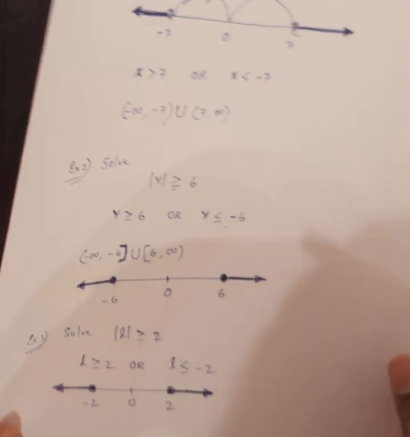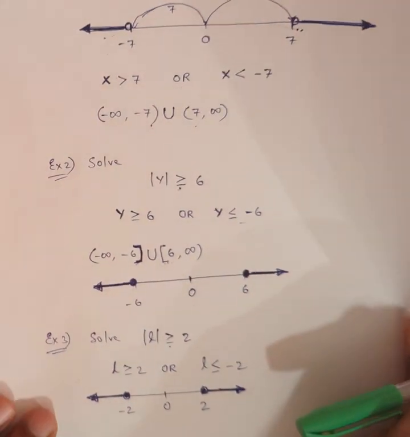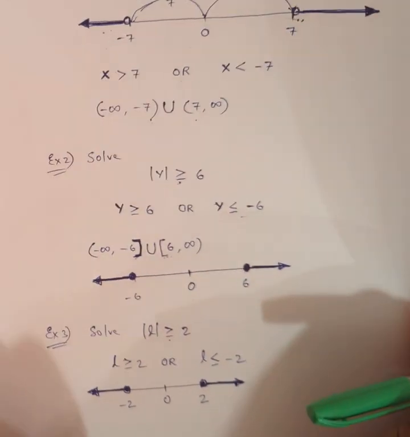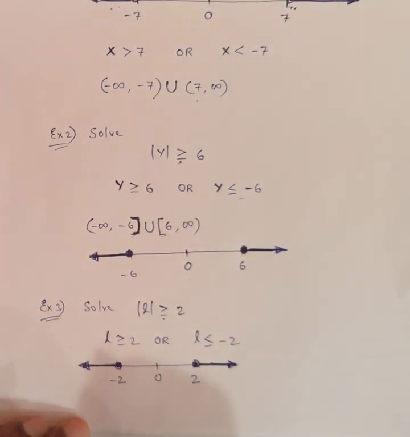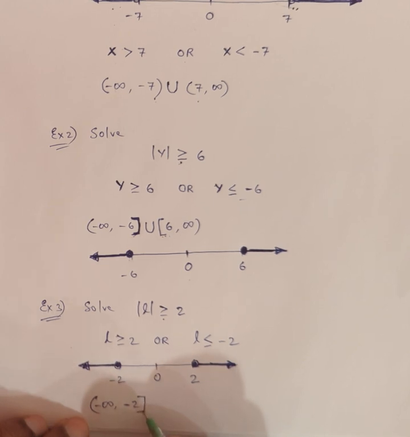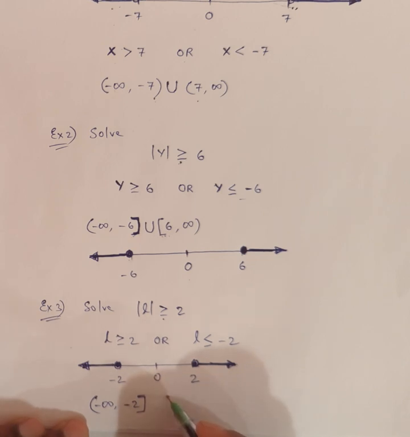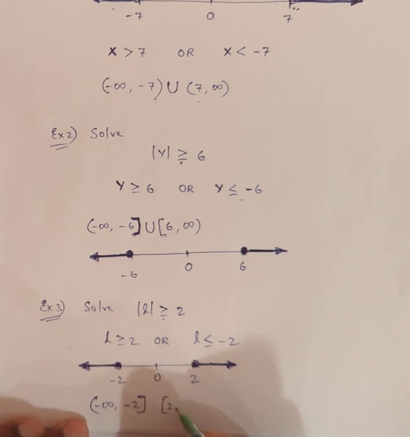And how do I write this using interval notation? It's going to be negative infinity to negative 2. And since negative 2 is part of the solution, it will be a bracket here. And positive 2 to infinity, again, there's a bracket at 2, union.